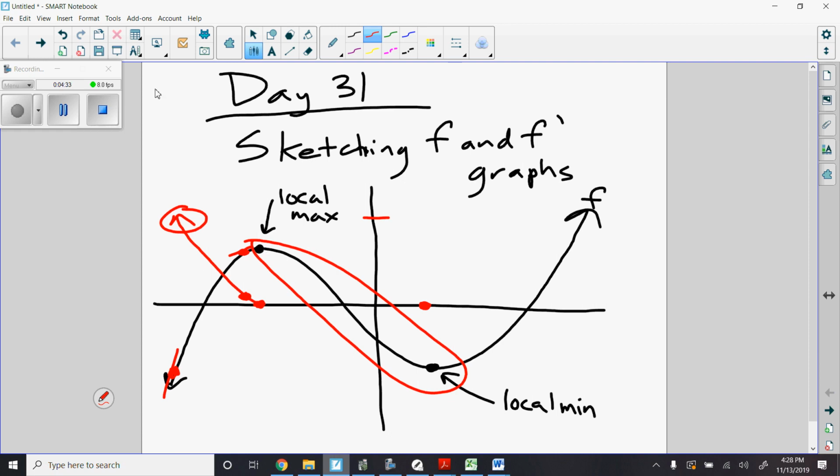I'm going to get that little annotation out of there real quick. So on this stretch right here, f is decreasing, so my f prime graph should be negative. I notice that it's decreasing the most steeply right here, so that should be my lowest point down here. Okay, so it might look something like this.